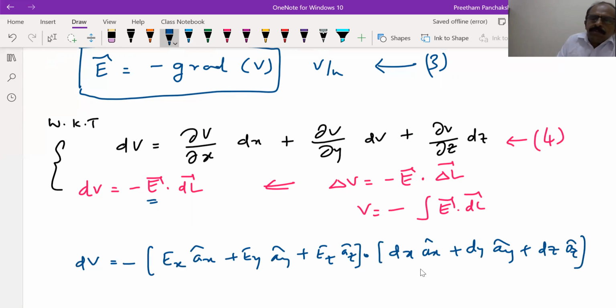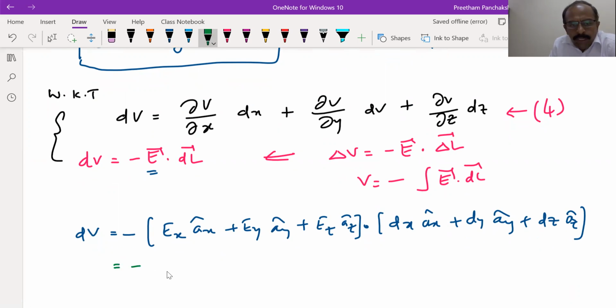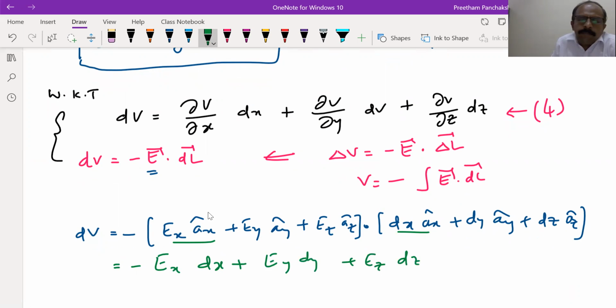So in this equation, we have differential quantities. Now, if we perform the dot product, we'll end up with the equation Ex into dx. We know that in dot product, the corresponding components will be multiplied: Ey dy, Ez dz.